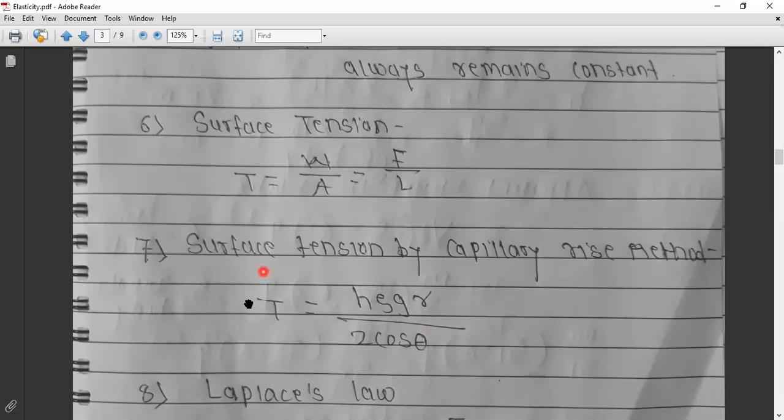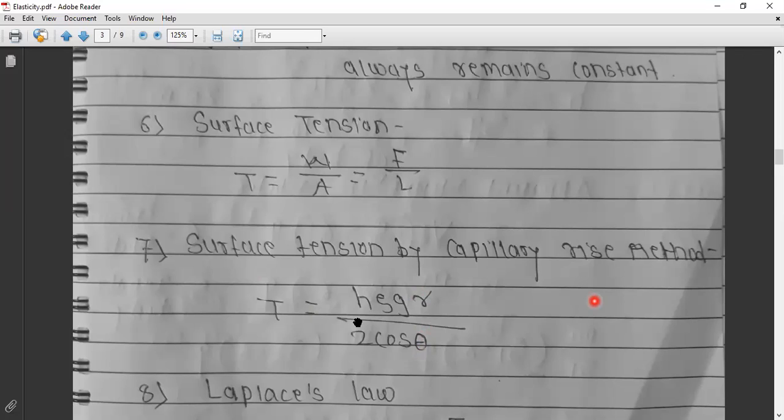To derive the equation for surface tension by capillary action, what is meant by capillary action? Capillary action means the rise or fall of the liquid inside the capillary tube.